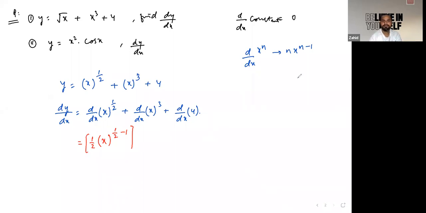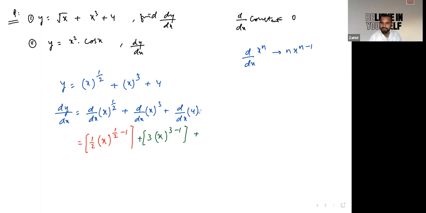Is it clear? Yes, sir. Similarly, on applying for the second part, we have x raised to 3, so n would be 3. So n x raised to n minus 1. Is it clear? Yes, sir.